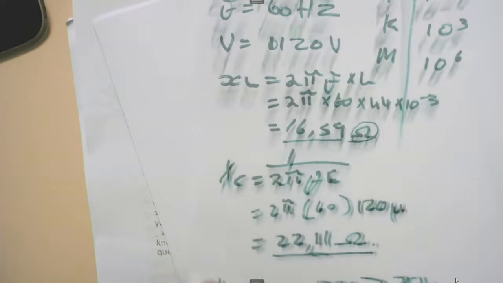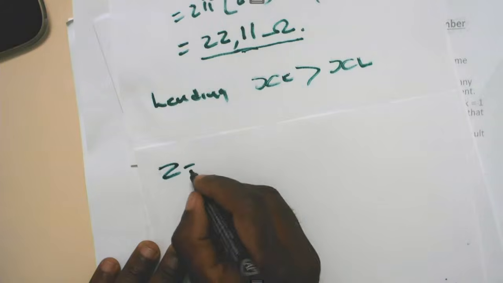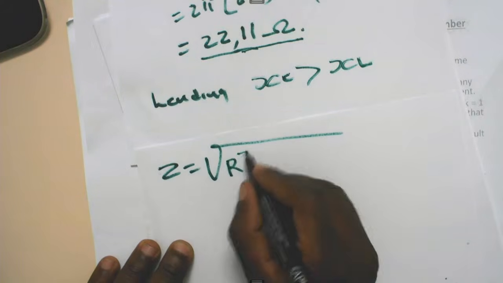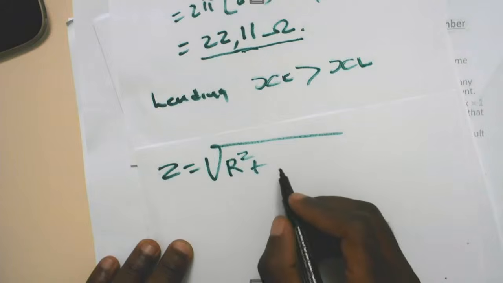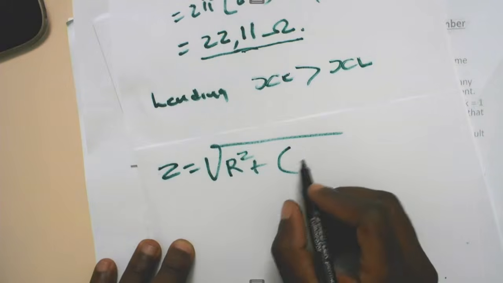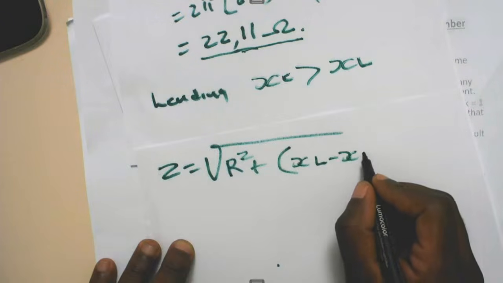But if XL is bigger than XC, then we would say our circuit is lagging. So let us go to the impedance. So here we'll calculate our impedance, where Z is equal to the square root of R squared plus bracket XL minus XC.